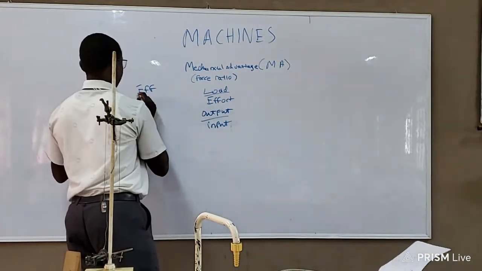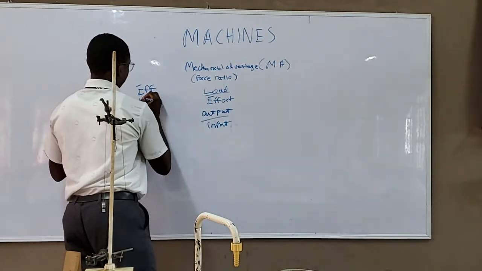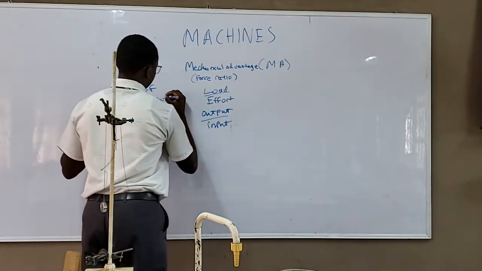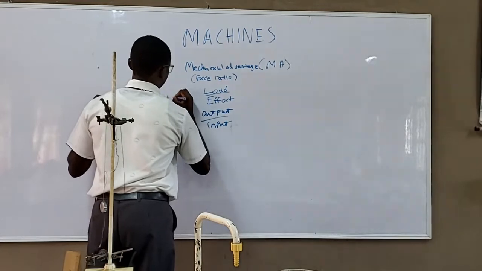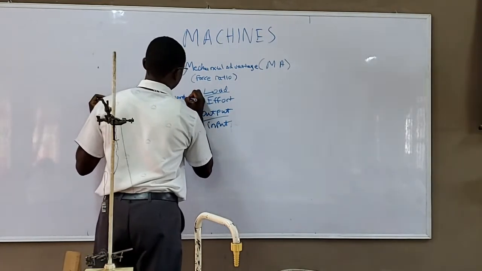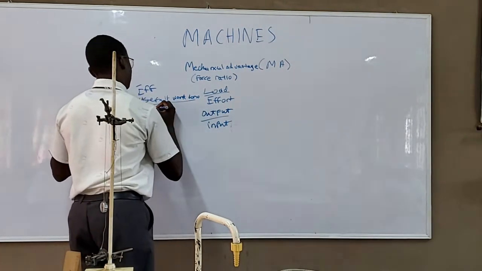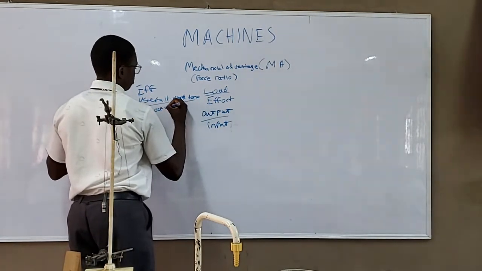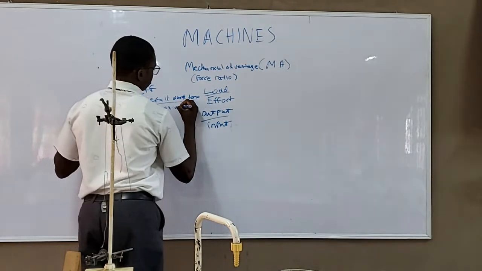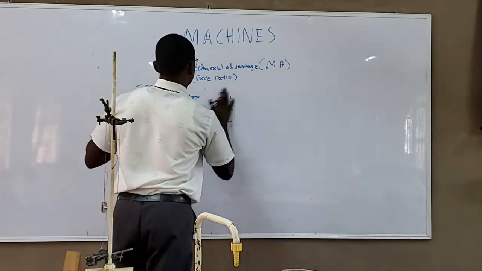The formula of efficiency is useful work done by the body over useful work acting on it.